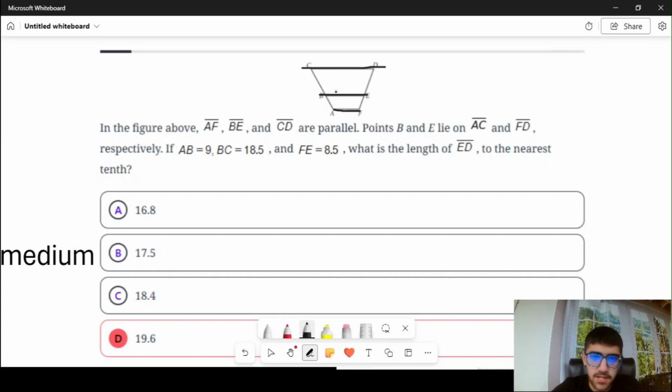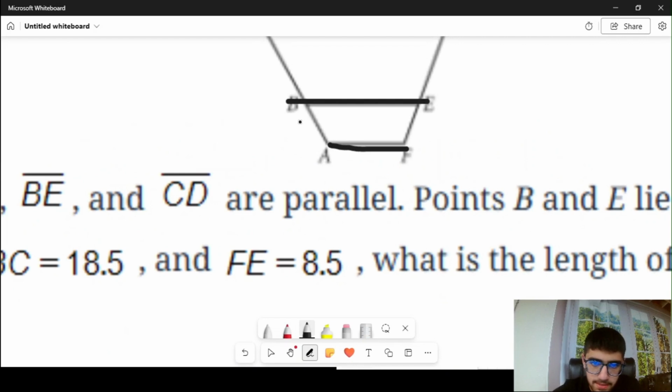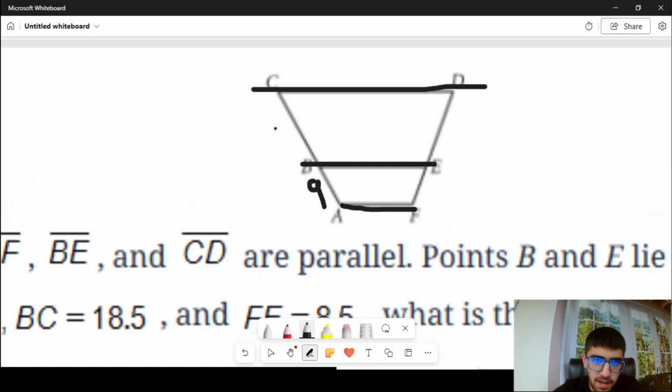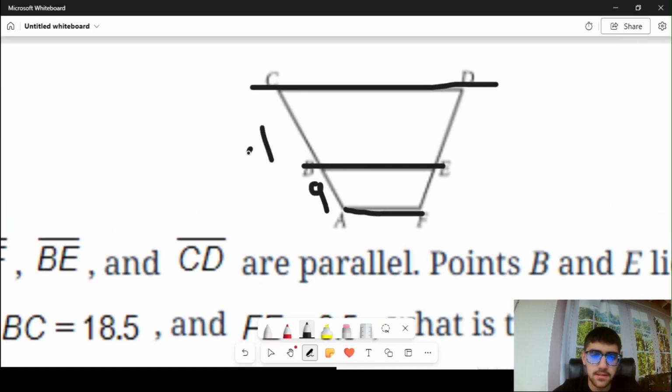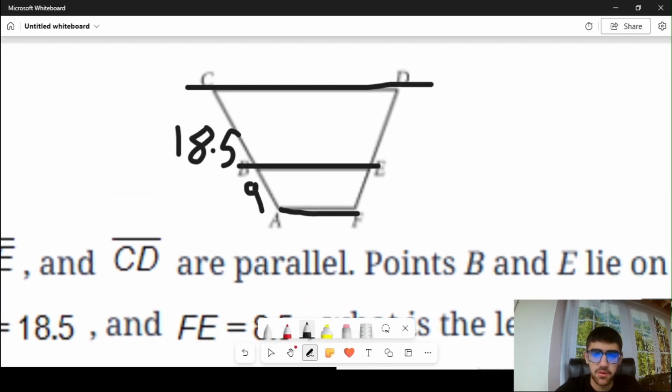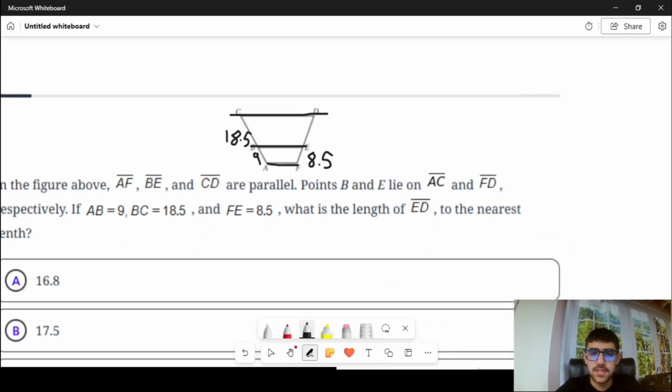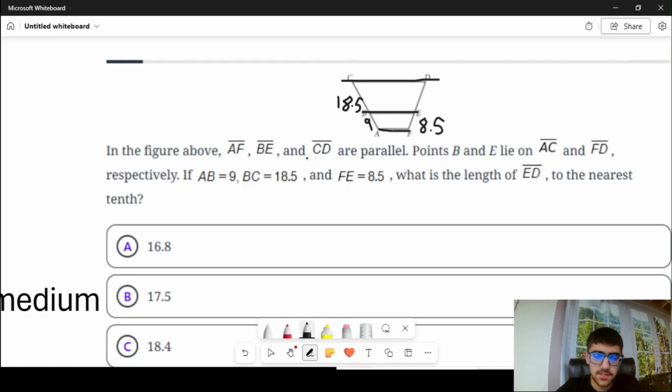If AB is equal to 9, they're telling me that this length is equal to 9. BC is 18.5. And then FE is 8.5. What is the length of ED to the nearest tenth?